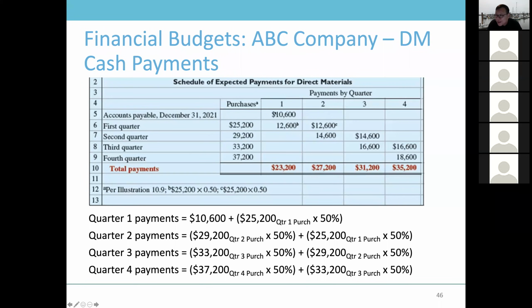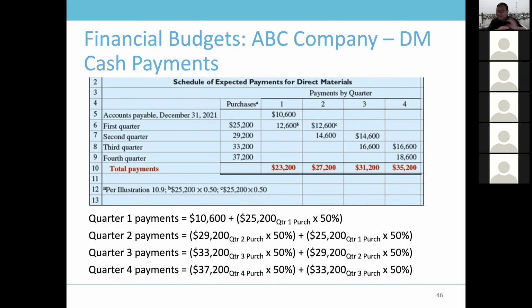This is the amount owing from the last quarter in the previous year. So I had to pay it in the first quarter of the current year. And I'm going to pay only half of the current quarter purchase, right? Together is how much I need to pay, right? So these red numbers tell me how much I'm paying the suppliers in terms of cash, right?